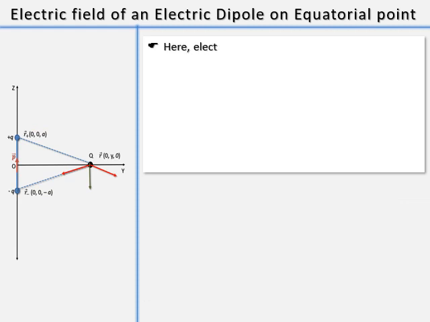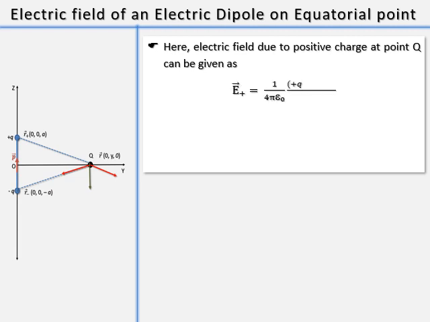Now, first we'll try to find the electric field at point Q due to the positive charge. If we denote it by E positive, it can be given as 1 by 4 pi epsilon 0, then plus q, and then r minus r positive. Why is this vector r placed first?